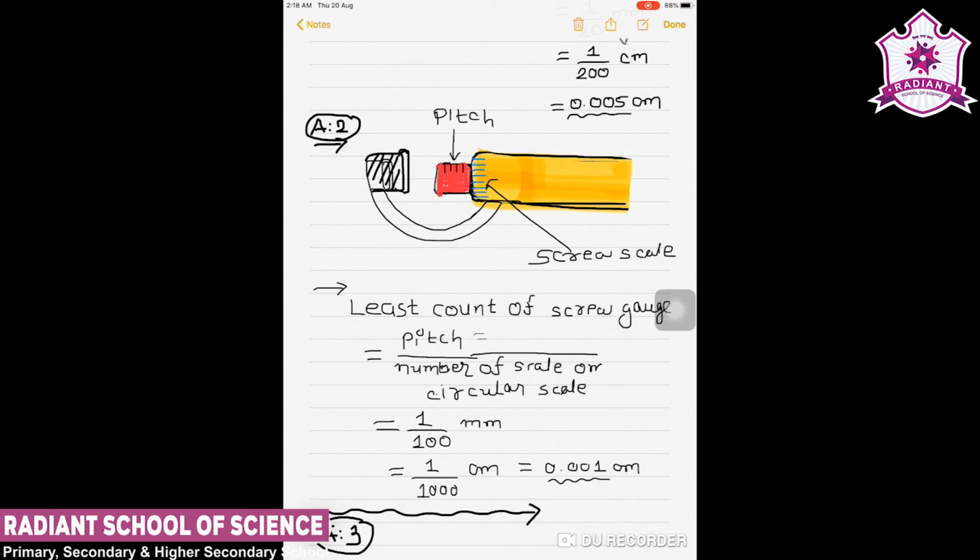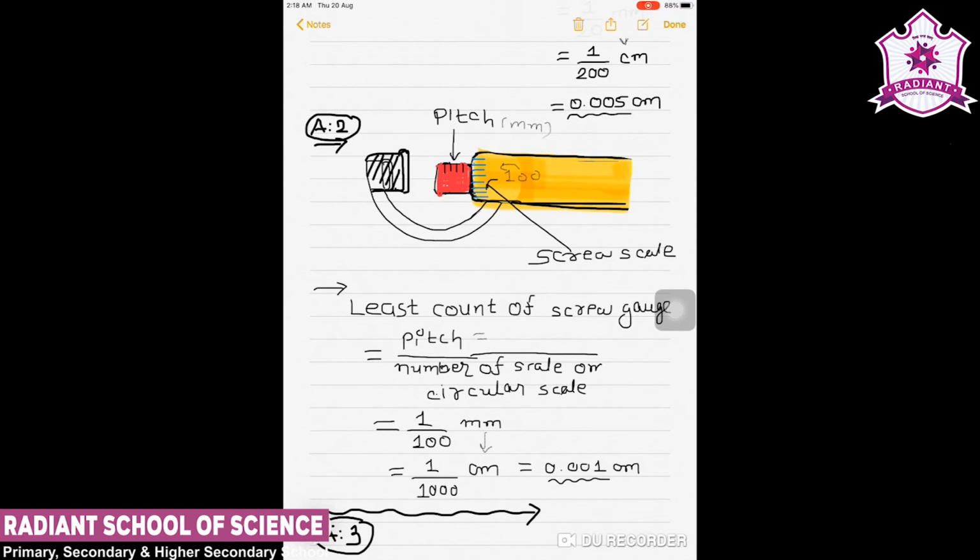The pitch distance is already defined in millimeter, and the circular scale has 100 divisions in total. So we can have 1 upon 100 millimeter. Now again we want to convert millimeter into centimeter.